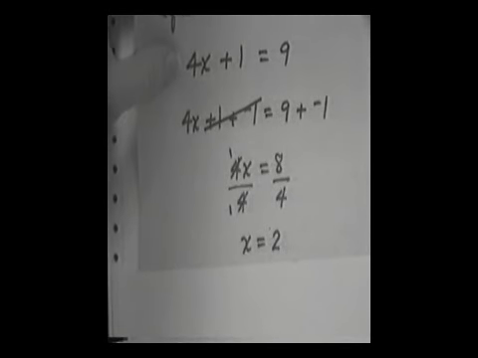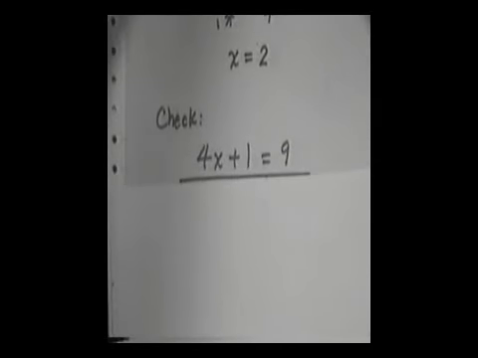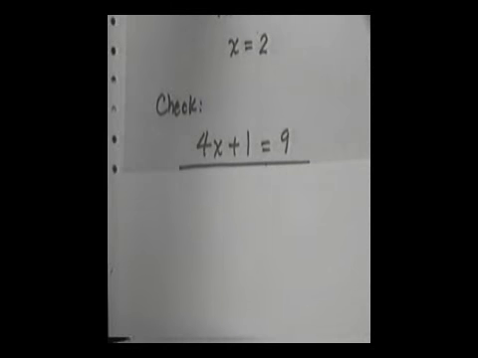To find out whether we're correct, we go through the check procedure. To check, remember that we copy the equation down exactly as it appeared at the beginning. We had 4x plus 1 equals 9, and so we copy 4x plus 1 equals 9. Then we draw a line under the equation, and using the T format, we draw a vertical line below the equals mark.